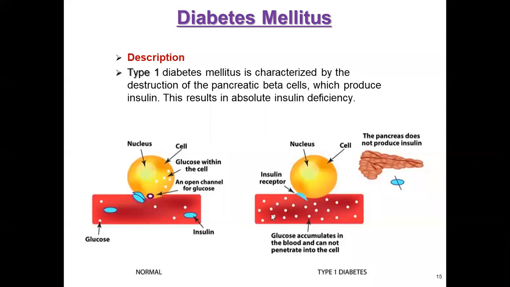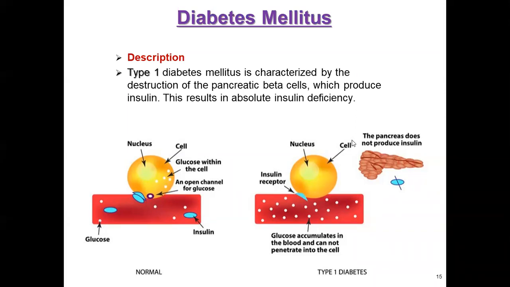Here it shows the blood vessel full of glucose because of deficiency of insulin. The pancreas contains two types of cells, beta cells and alpha cells. The pancreatic beta cells produce insulin. Alpha cells secrete glucagon.